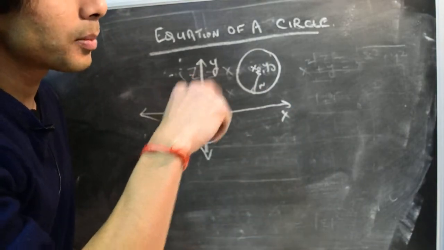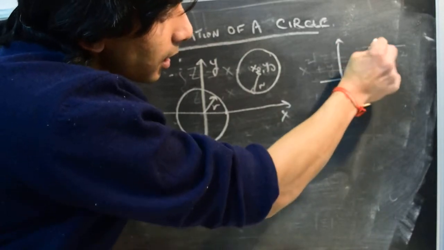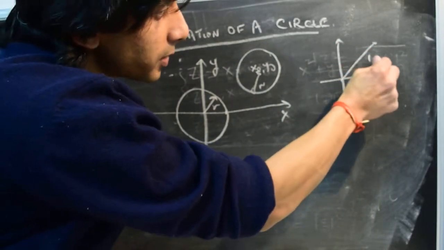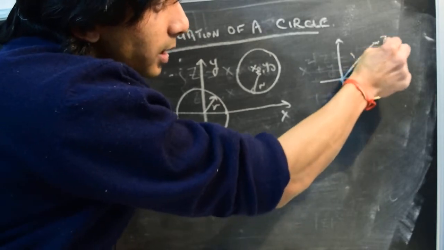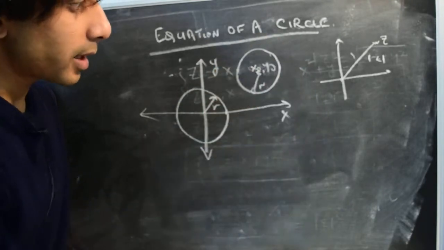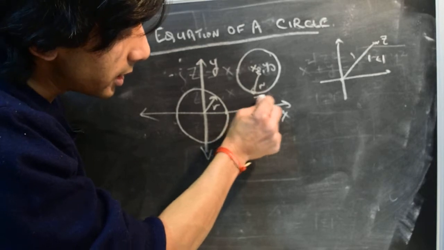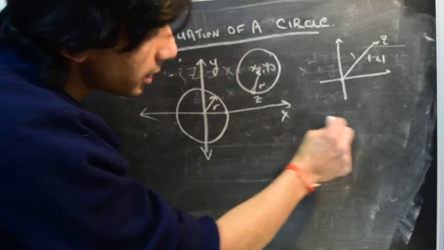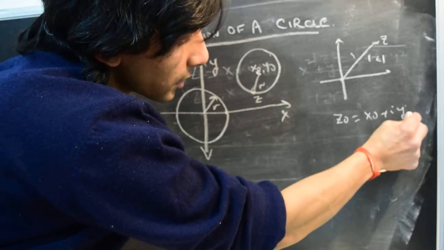Now we know that for a vector in the complex plane, mod of z is the length of the vector from the origin to the point z. So if we are to derive the equation for a circle centered at x naught y naught, let's say the variable along the circle is z, and let's call the center z naught, which is the point x naught plus i y naught.